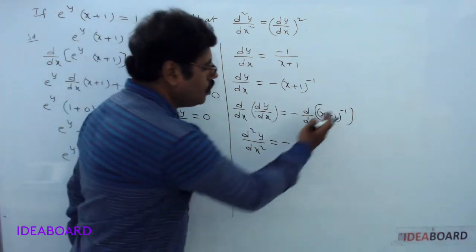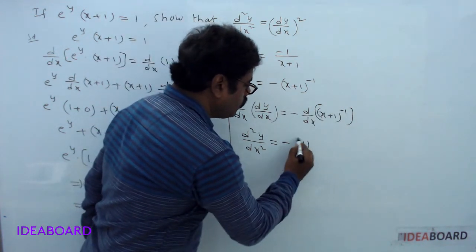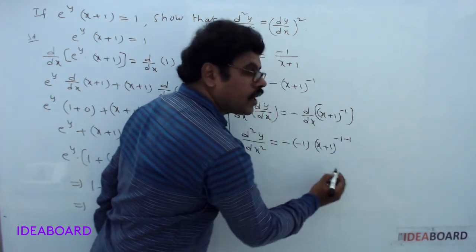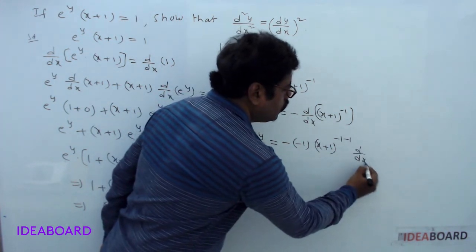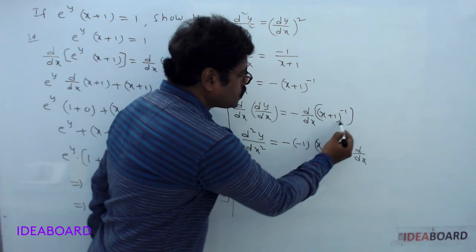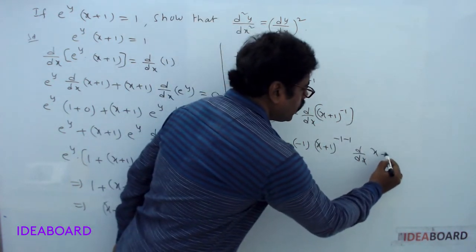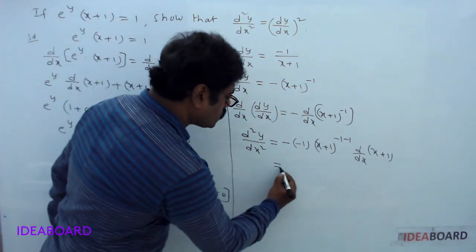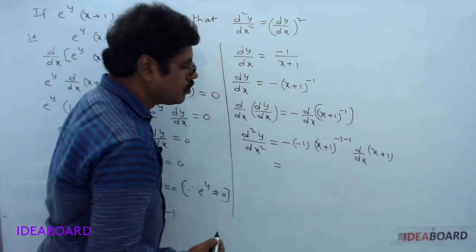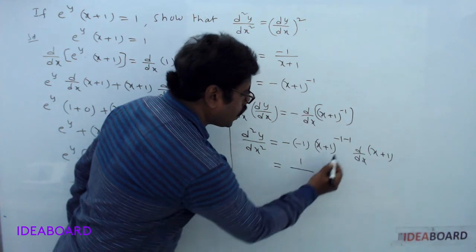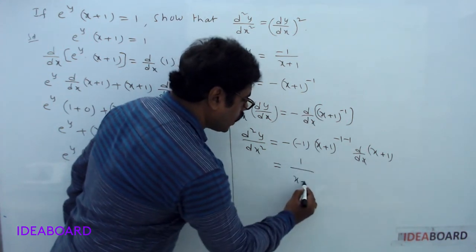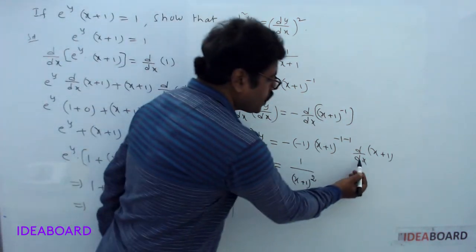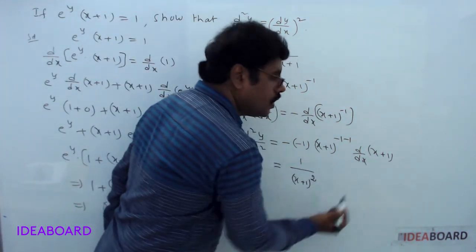So what is this derivative? Minus 1 into (x plus 1) whole power minus 1 into derivative of this base function, d by dx of (x plus 1). Now minus into minus is plus, so this can be written as 1 divided by (x plus 1) whole square into derivative of x.